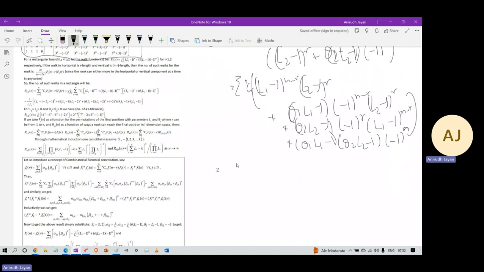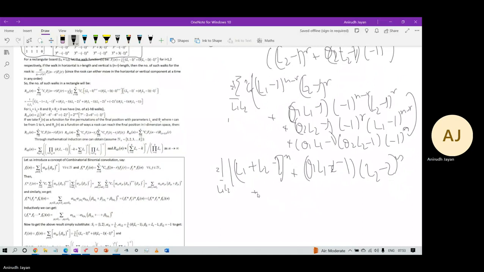Now computing the following will give you L1 plus L2 minus 2 power n binomial, and theta 1 L1 minus 1 by L1, plus theta 1 minus 1 times L2 minus 2, again binomial, times L1 minus 2, plus theta 1, theta 2, theta 1 L1 minus 2 power n.